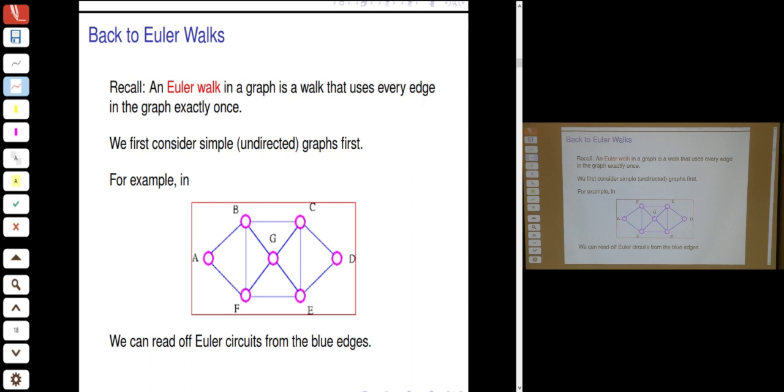We already noted that a closed Euler walk is an Euler walk which starts and ends at the same point. So, you start from a point and traverse all the edges of the graph exactly once, and then you end where you started. And an open Euler walk is where you start from a vertex in the graph and traverse all the edges of the graph exactly once, and then you end at a different point from where you started. Okay.